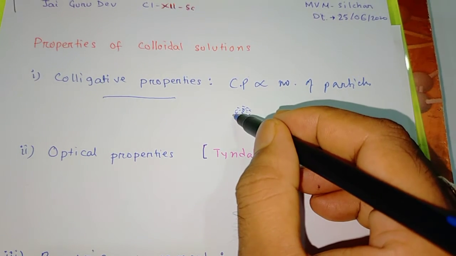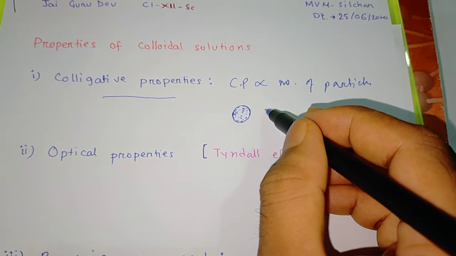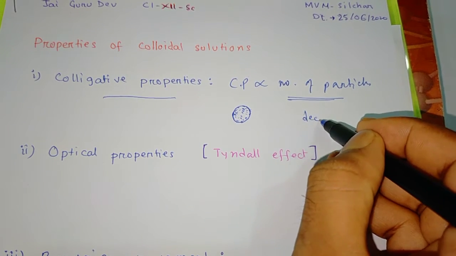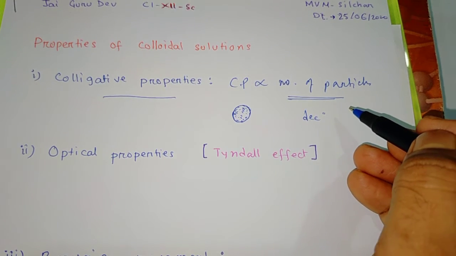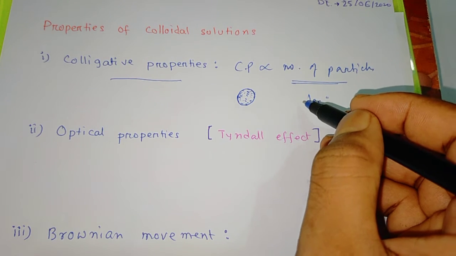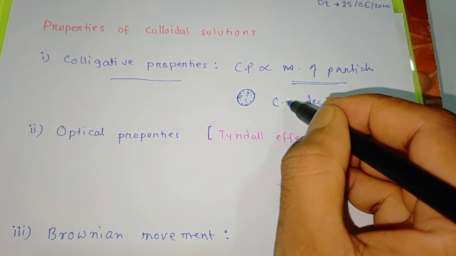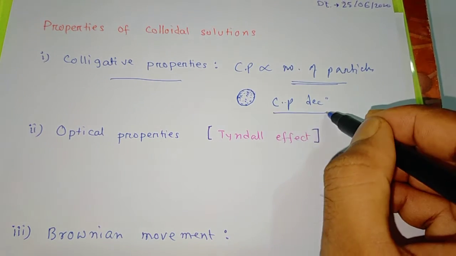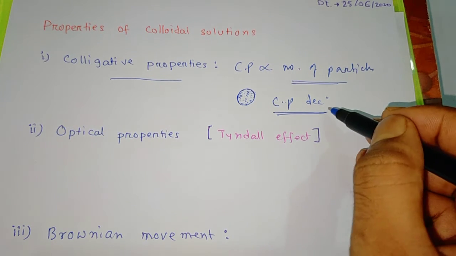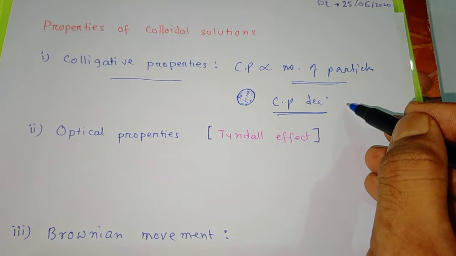So if these small particles unite together to give you a bigger particle, it means your number of particles decreases in colloidal solution. That is why your colligative property value also decreases in your colloidal solution, since number of particles decreases.